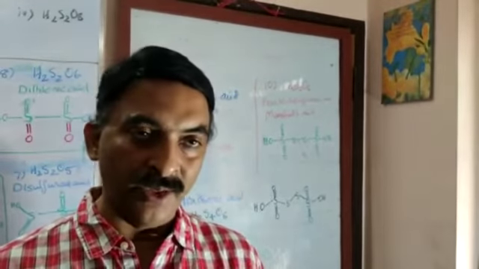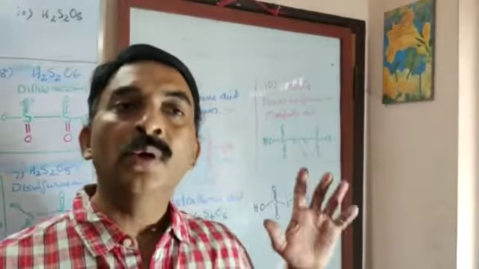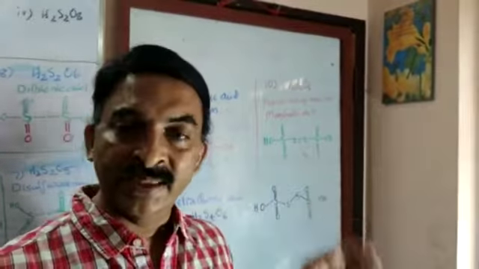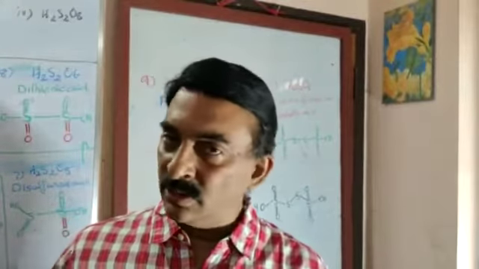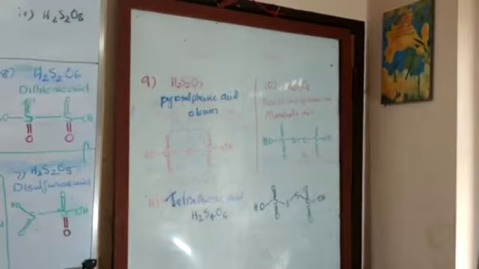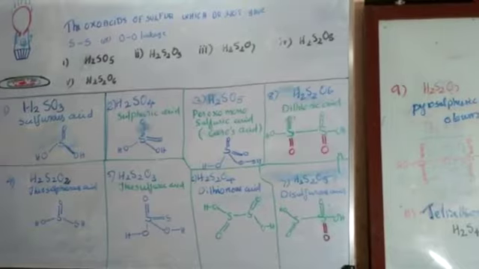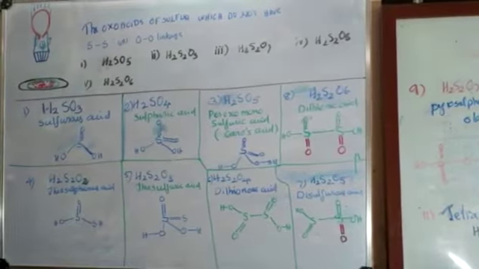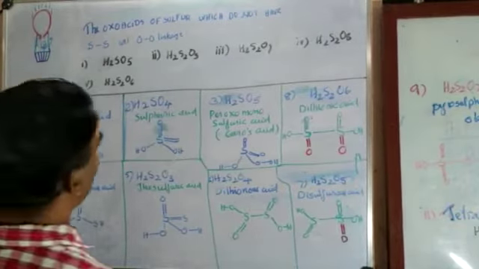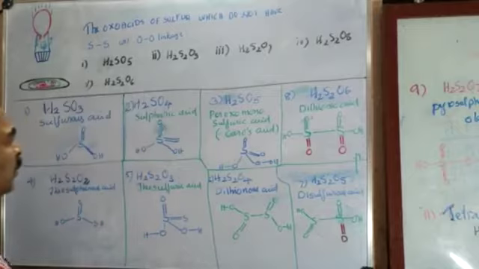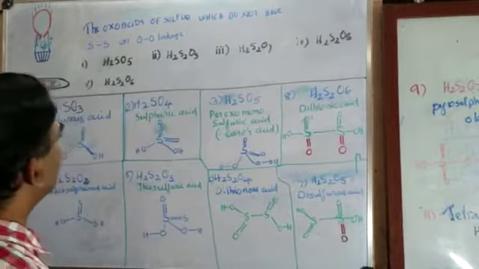Even though there is some difficulty, you try to remember all these acids. Now we will try to answer the question asked here. Going back, the oxo acids of sulfur which do not have S-S or O-O linkage.